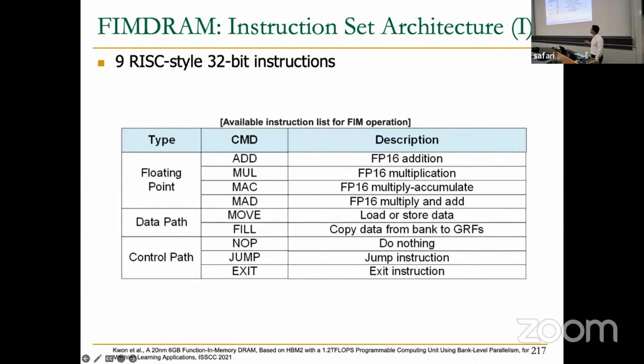They have only 9 RISC-like instructions, and those instructions are basically addition, multiplication, multiply and add, multiply and accumulate, and some data movement to move data across the global register file and the data path of the SIMD processor, and some simple jump, some simple control, and no op.